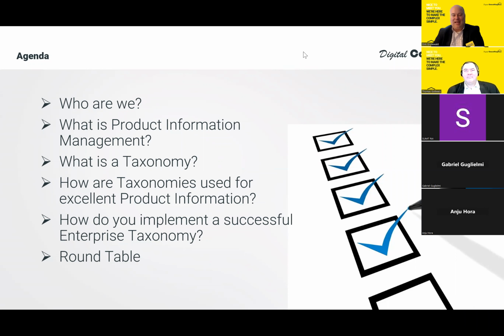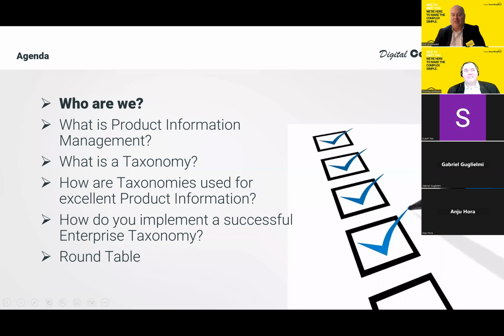Then I will hand over to my colleague, Mr. Thomas Gottweis, to explain the subject of taxonomy. That will take us hopefully around 15 to 20 minutes, so that we have ample time for questions and answers.